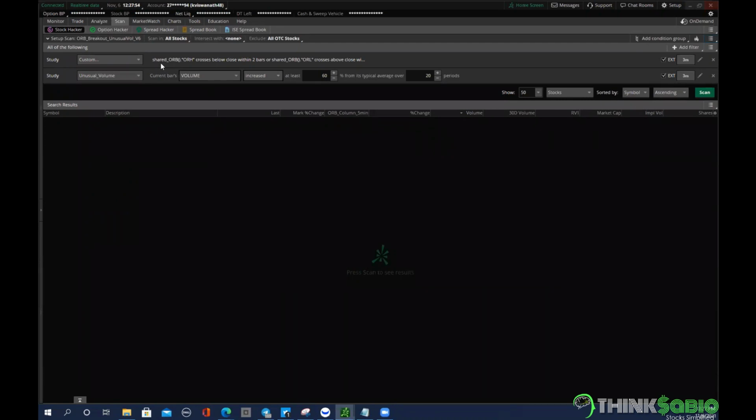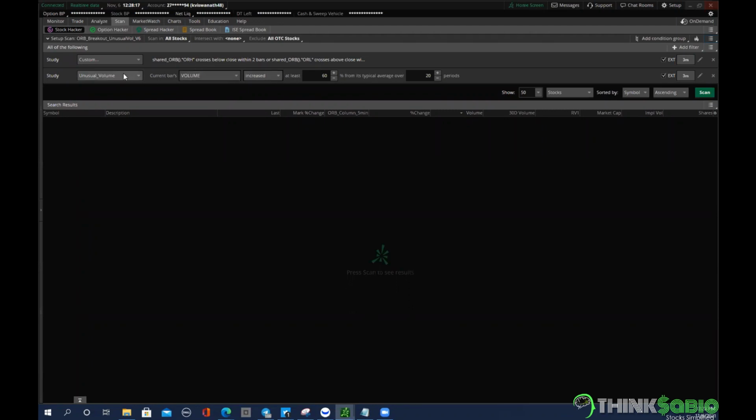So I'm scanning for stocks that has an opening, right? This is a scanner that I gave to everyone, right? So when the bar crosses the opening range high, or the bar crosses the opening range low within the last 2 bars, and then I'm also adding a volume because this is price, right?